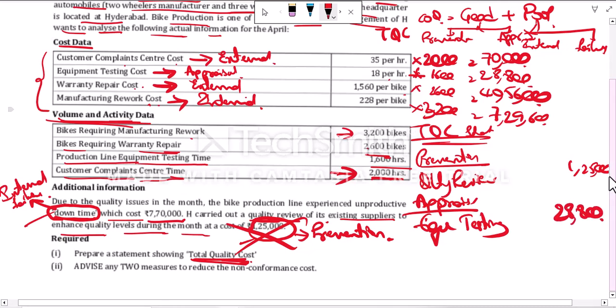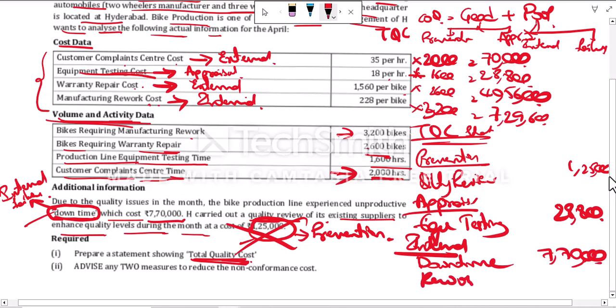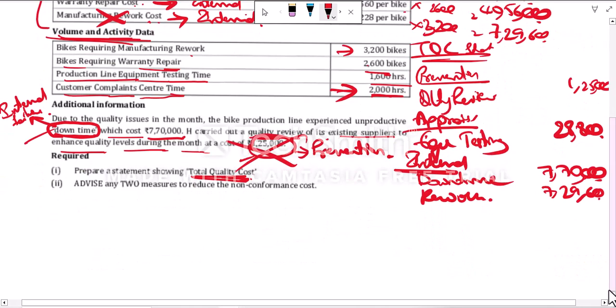Next, internal failure cost. Here, one is 7,70,000. What is that? The downtime. Next one, rework. How much is it? 7,29,600. Next, external failure cost.